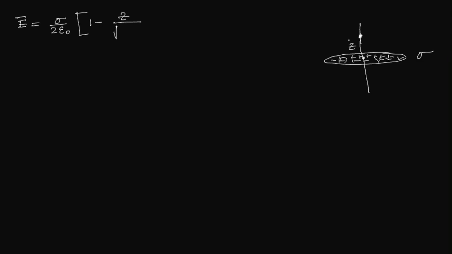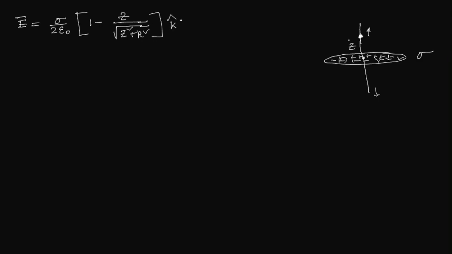So finally, what we have noticed here is, if we have a charge-carrying circular disk like this, which carries a uniform surface charge density sigma, and on the axis of this circular disk at any point we calculate the electric field at a distance z, either above the loop or below the loop, then we found that this electric field will be E equals sigma divided by 2 epsilon naught, magnitude 1 minus z divided by under root of z square plus r square, and if it is above the plane, then it will be plus k cap, in this direction, and below the plane it will be minus k cap. So at this point, I am taking this point here, so I am writing this plus k cap.